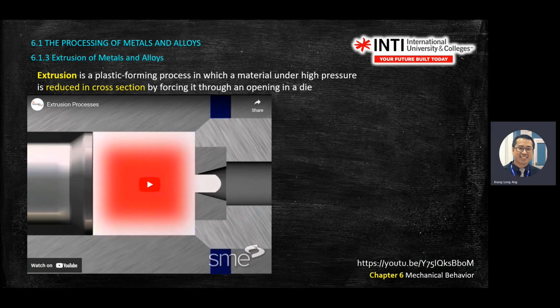For example, you pull, then it becomes longer. Let's say you fix the end, then you pull. You take the total deformation, the length change, divided by original length.